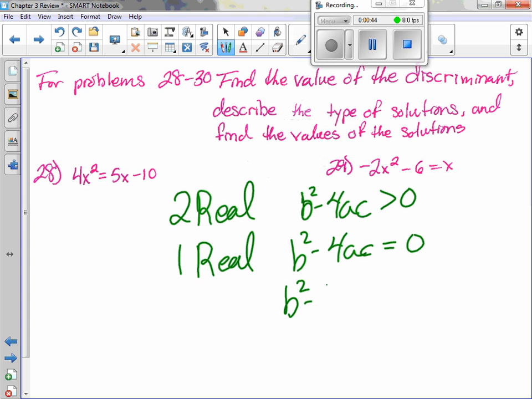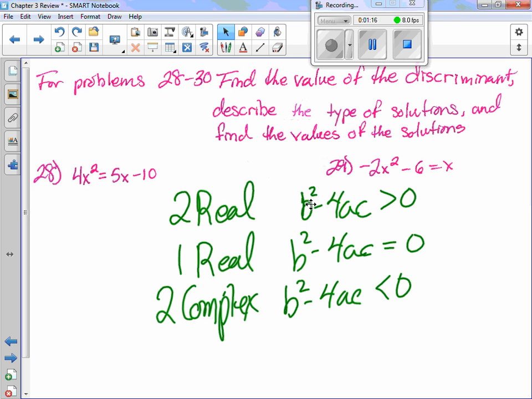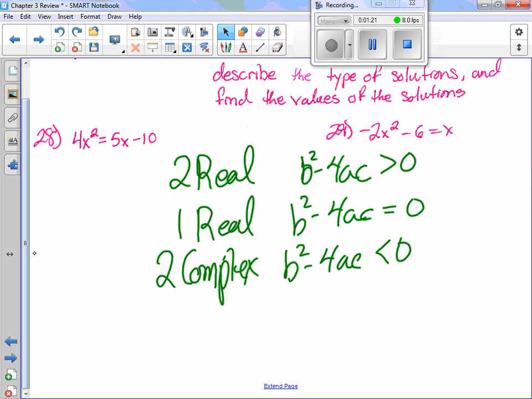And if b squared minus 4ac is less than 0, we have two complex solutions. So it's going to be one of these three that we will have.